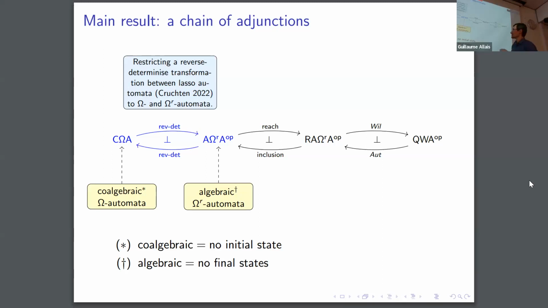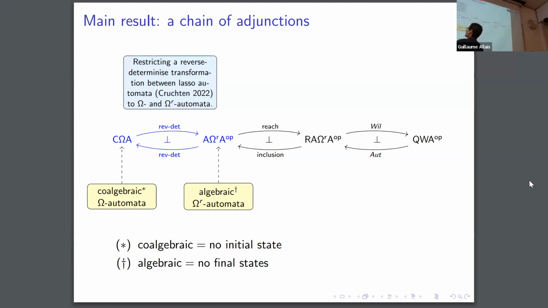What I mean is that in the master's thesis of Mike Krupman in 2022, he showed that there is an adjunction between the category of co-algebraic lasso automata and algebraic lasso automata op. It would have been nice to be able to draw somewhere, but I guess it's fine.